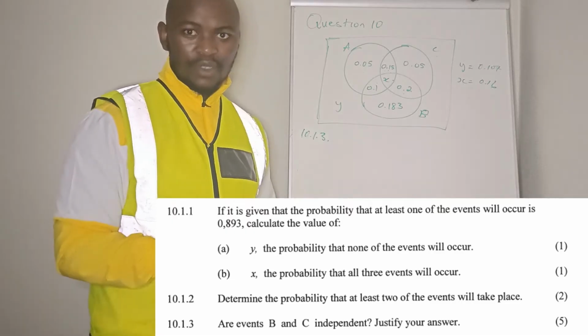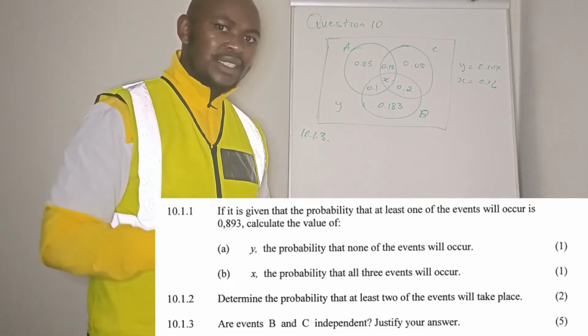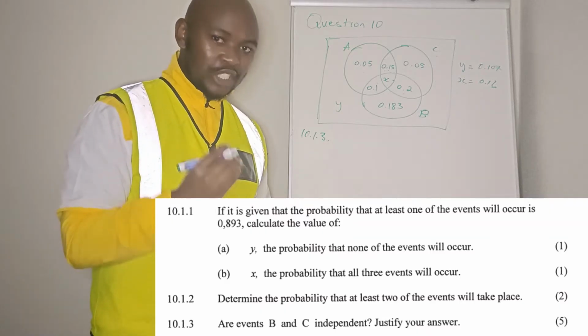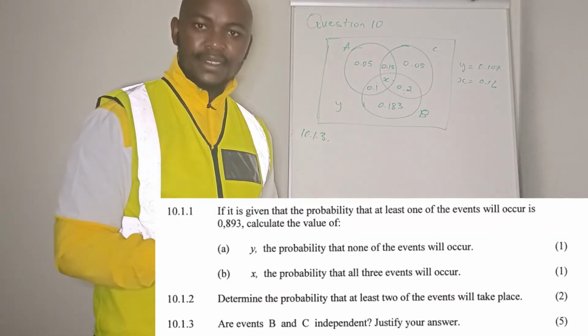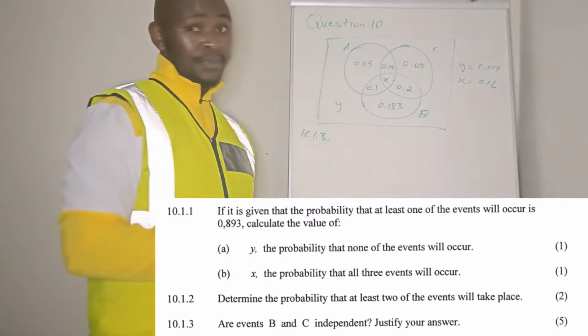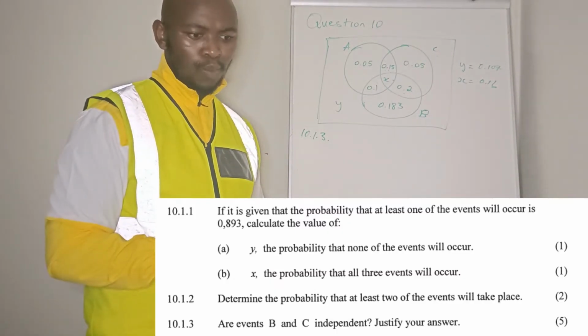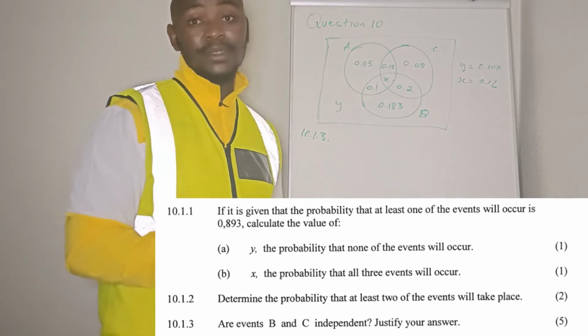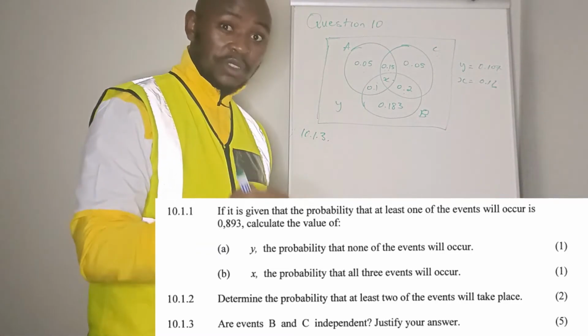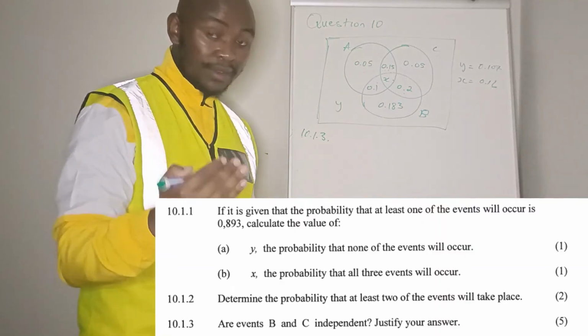So the most common question is, what are independent events, or what constitutes independent events? If you can recap on that, we are going to go back to the first principles.